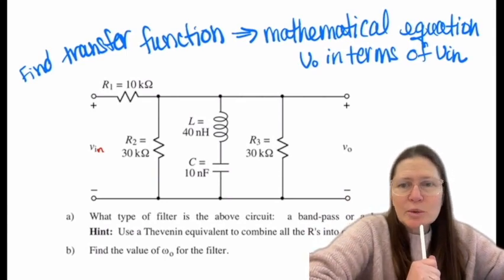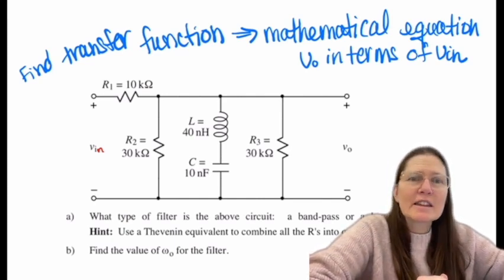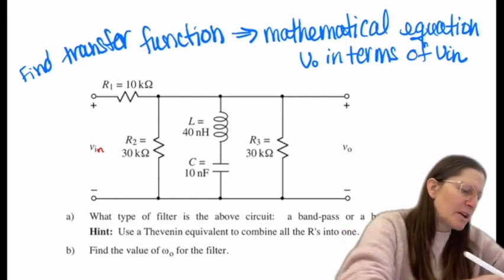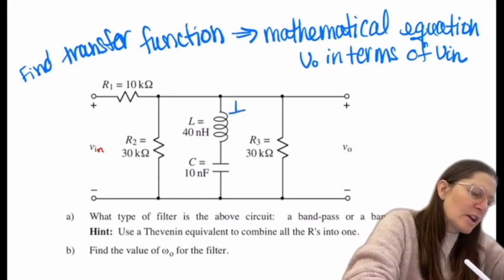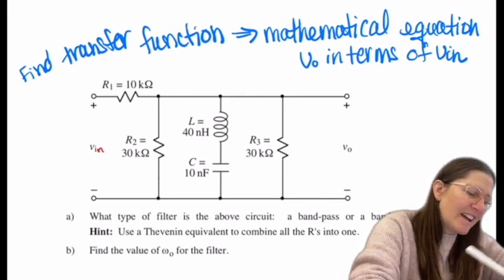So I like to work with S, so I would translate these to be LS, 1 over CS, and then solving with that in mind. So go ahead and take a minute. LS.